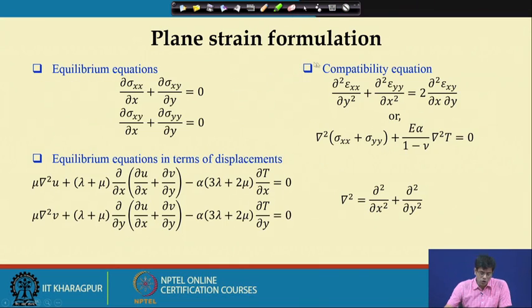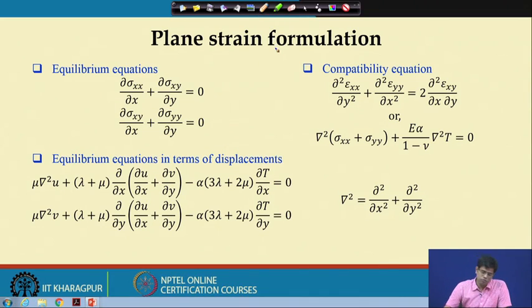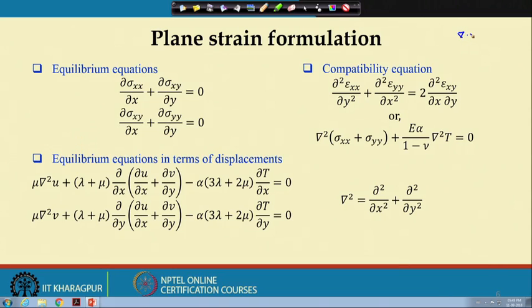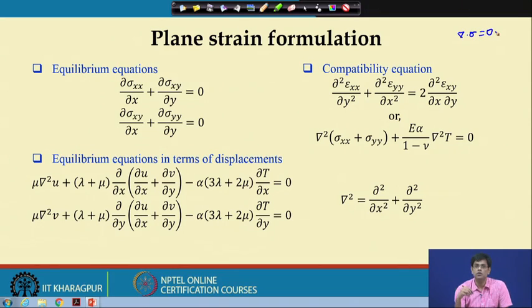So, now in a plane strain formulation, we will see the equilibrium equation. The equilibrium equation, again, we know is our basic Navier's equation of elasticity, which is divergence of sigma equals 0 for a static case if we do not consider the body force. So, that is del dot sigma equals 0 if there is no body force.